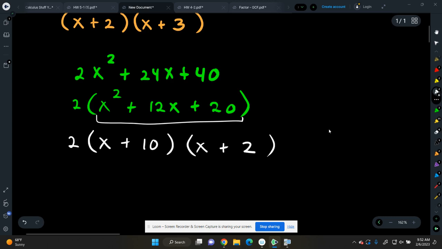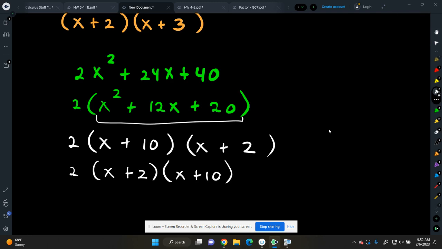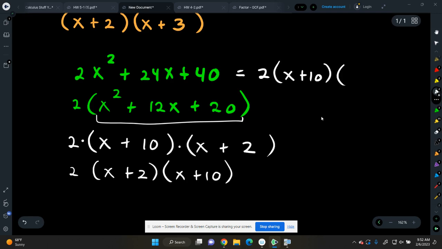It doesn't matter which order you put it in because we're multiplying. This is 2 times x plus 10 times x plus 2, and it doesn't matter what order we multiply. If I multiply that back out, it's going to equal that.